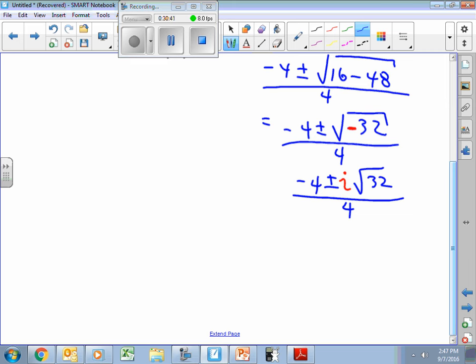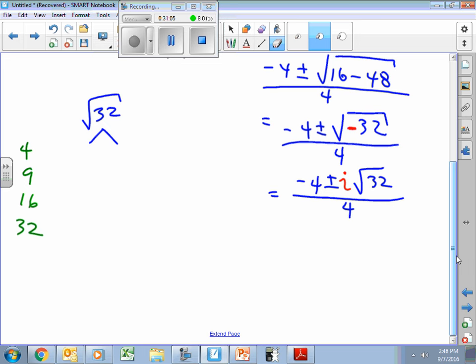Technically, what should happen to get that 32 out of there? At this point, I want to give you some credit, but here's what's supposed to happen: radical 32. When it's not a perfect square, you check to see if any of your perfect squares can divide it. What does it mean? Perfect squares: 4, 9, 16, 25, 36. You only need 4 of these.